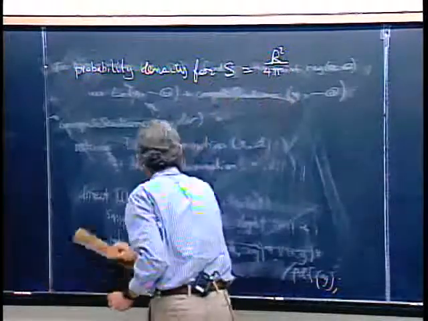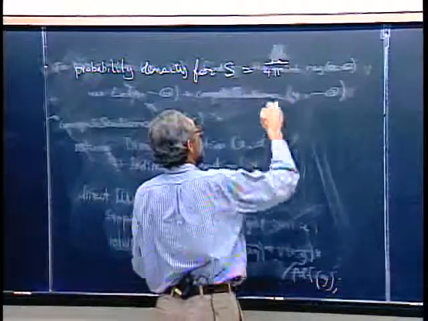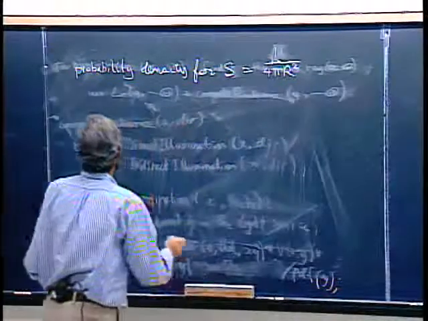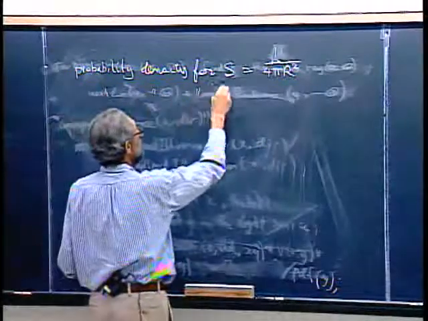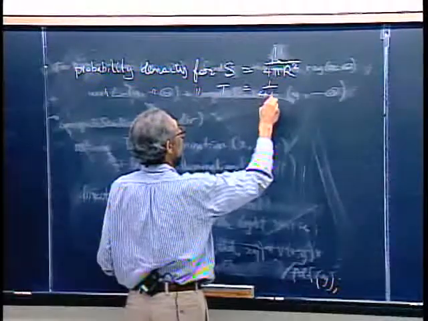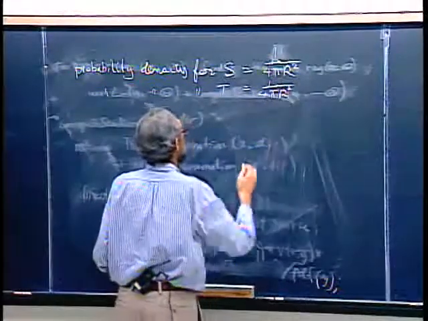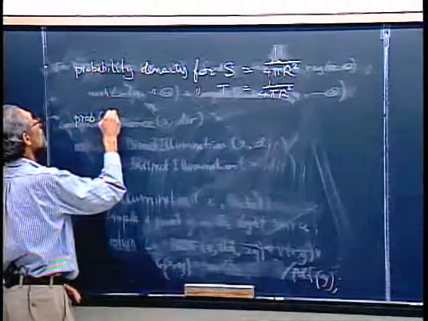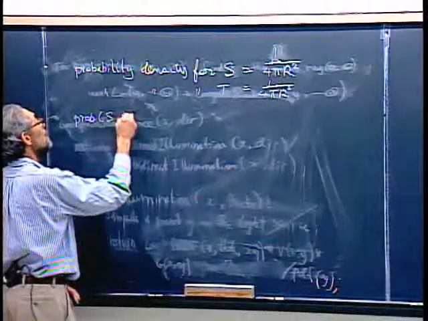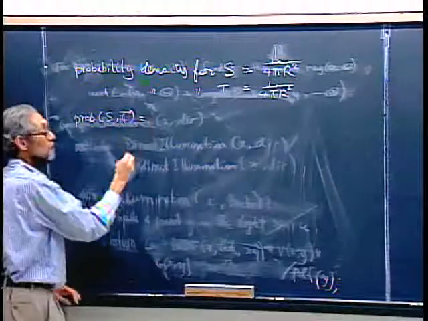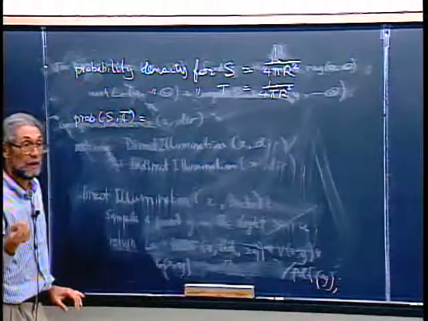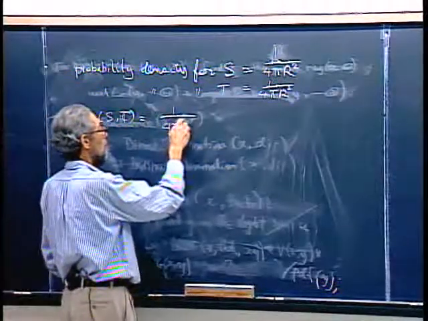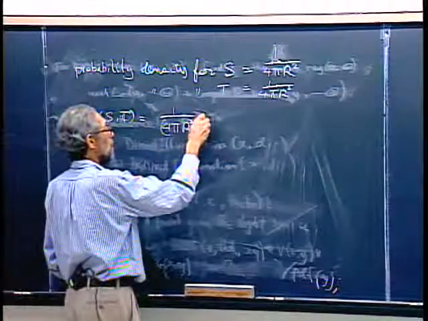No, it's 1 over 4 pi r squared, because this is the total area of the sphere. And the probability density for T is the same one. So the probability density for S and T, since S and T are chosen independently, it's 1 over 4 pi r squared, right?